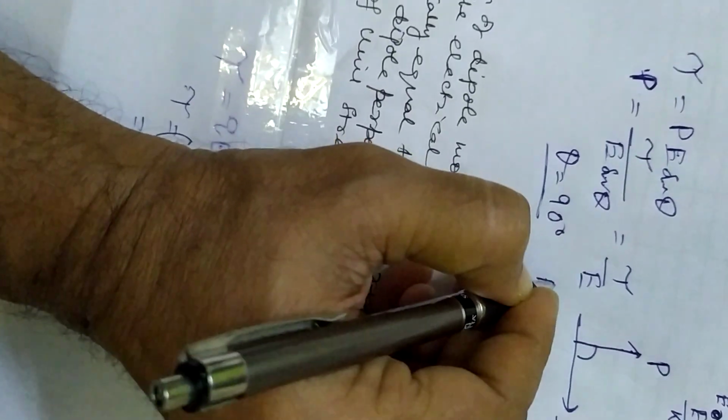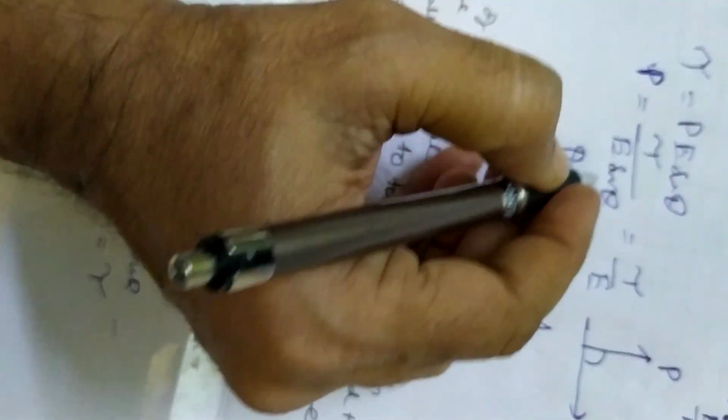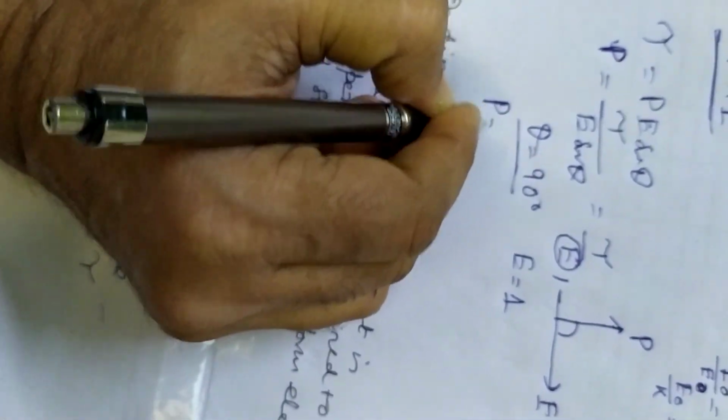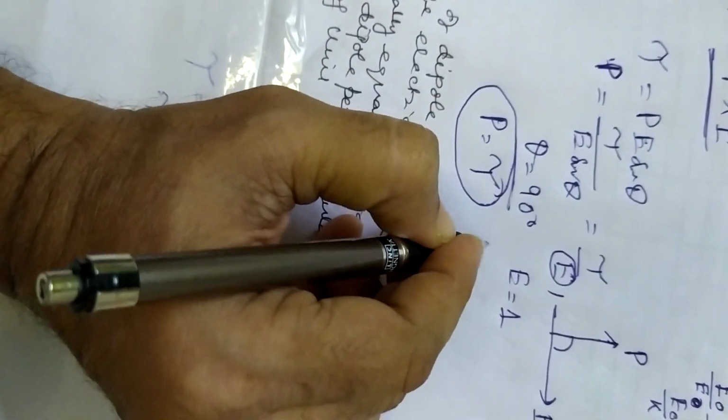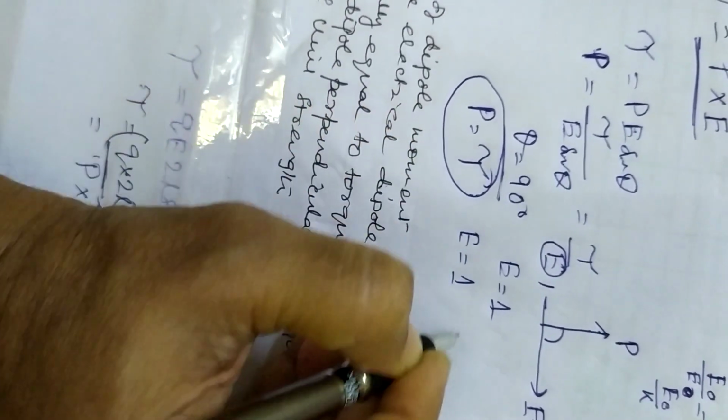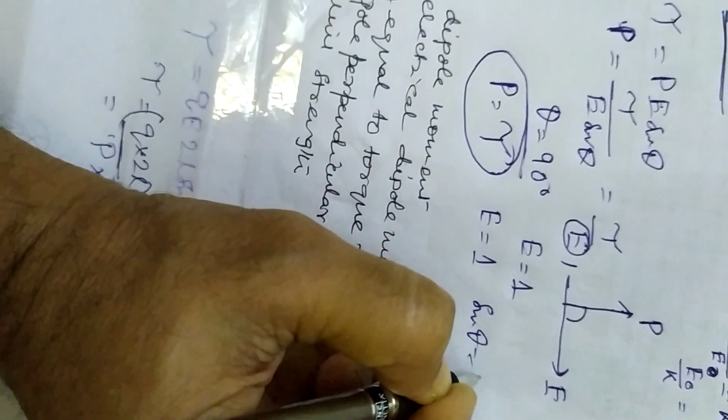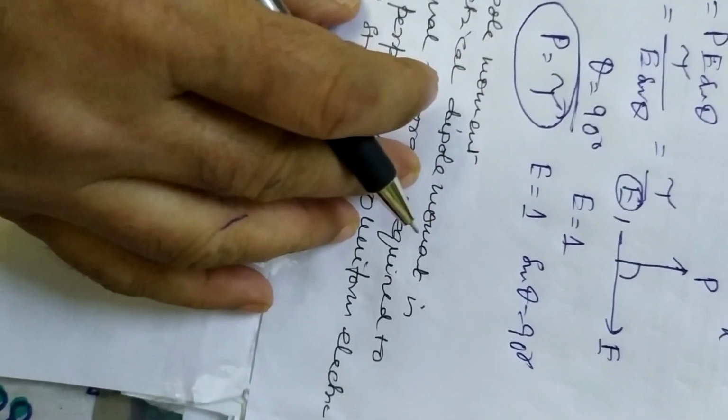Now if we take E equals 1, then we can define it this way. So P is equal to the torque. Correct? These are the conditions: we are taking E equals 1 and sine theta equals 90 degrees. So with this condition, we can define the dipole moment in this way.